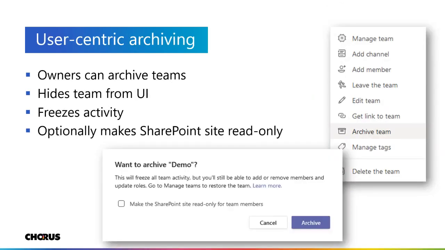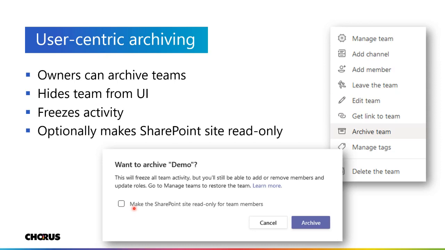At the most basic level, you've got user-centric archiving. Owners of teams can go into the team settings and archive the team. What that does is hide the team from the UI. It freezes activities so no one can post in channels or continue conversations, and you've got the option here, you can see as well, to make the SharePoint site read-only.